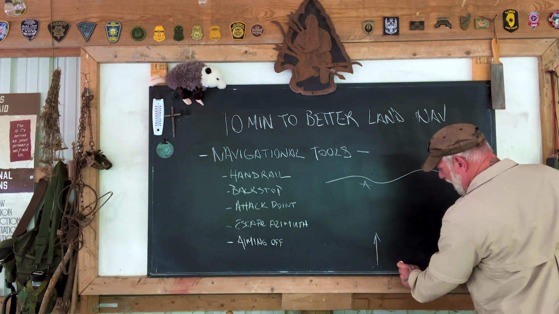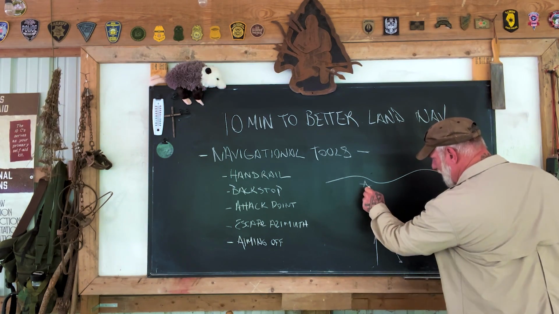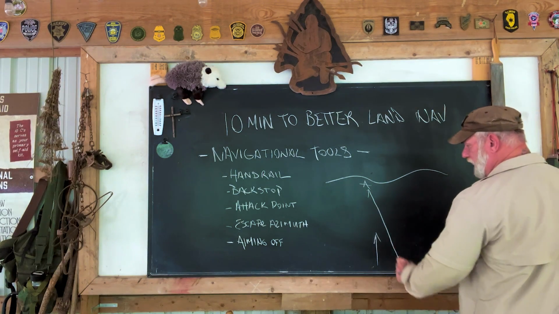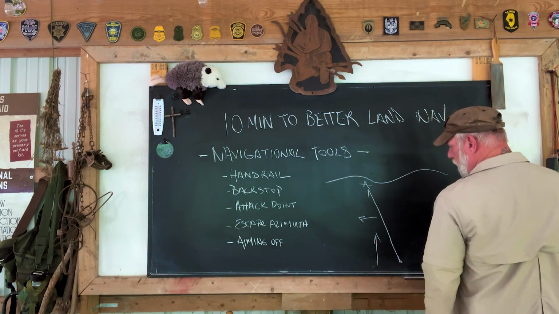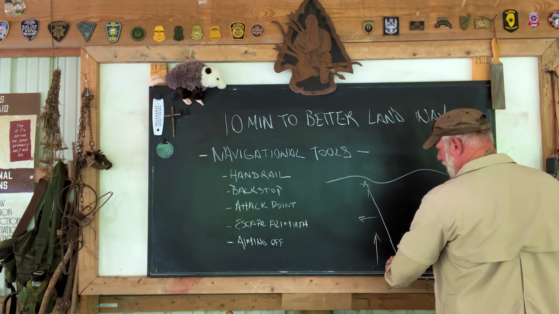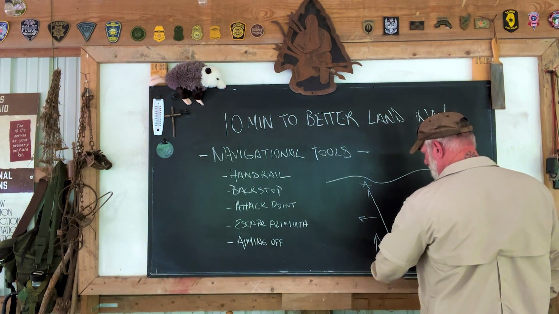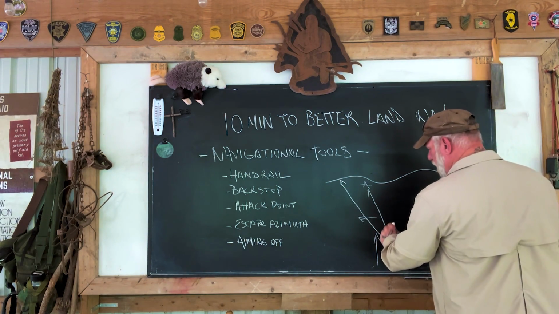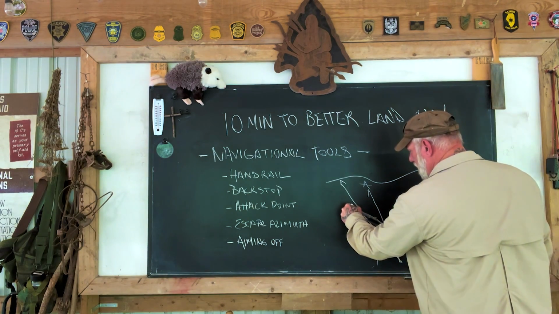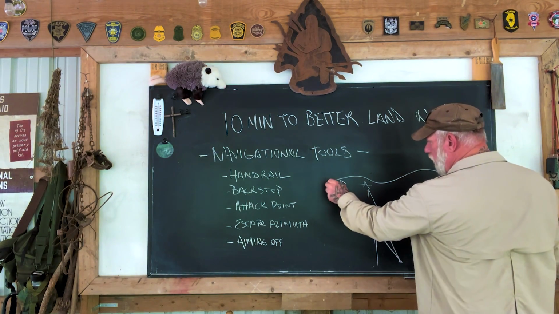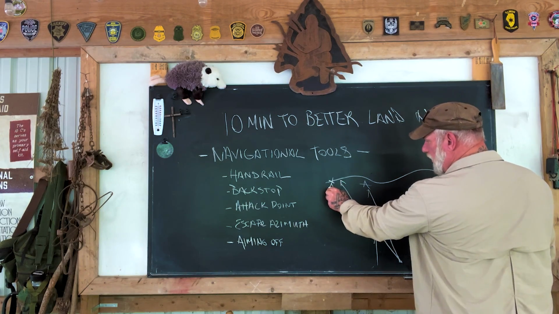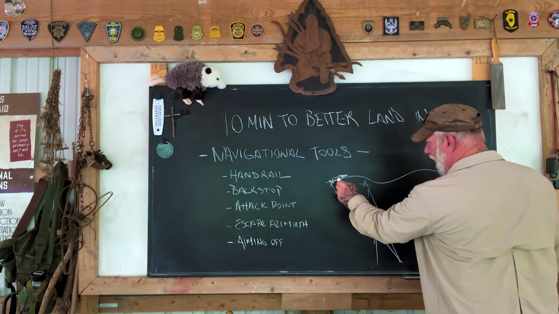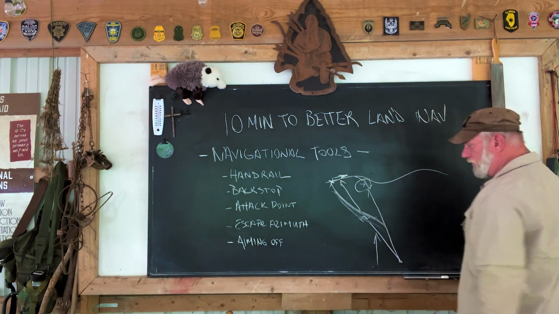If our location was here and we shot a direct line azimuth from here to here, and our natural lateral drift is to the left, then we probably would shoot our azimuth to the left on purpose of this object, so that if we drift past it as we're walking, we're still going to hit this linear object. And we know that when we hit this backstop, we've aimed off to the left, so we're automatically going to turn right on that linear object to get back to our camp.